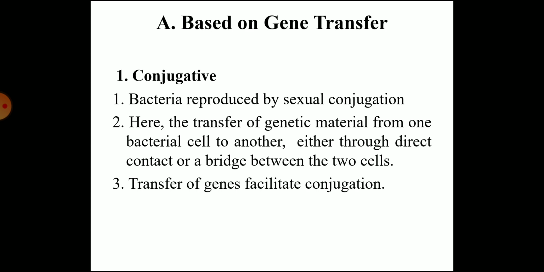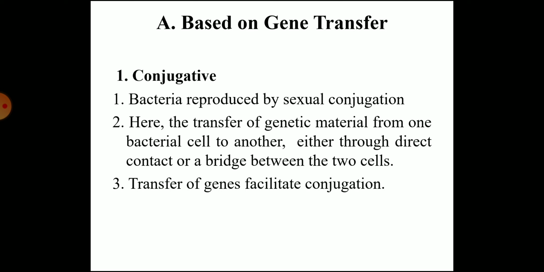We will begin with the first type of plasmid, that is based on gene transfer. It is conjugative plasmid. What is conjugative plasmid? This conjugative plasmid is present in bacteria and is reproduced by sexual conjugation.